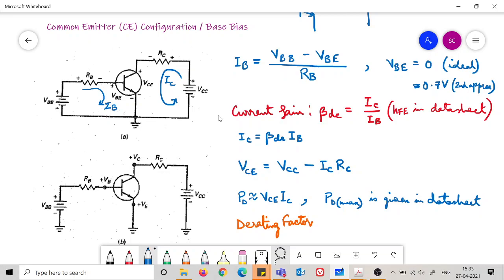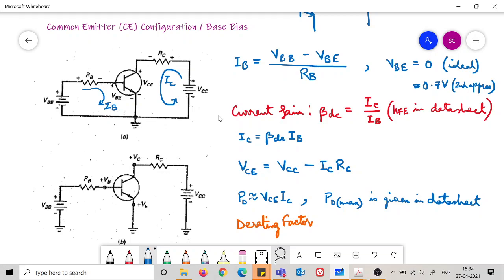So when you know this beta, which will be given to you, then you can calculate the IC straight away as beta into IB. When you get the IC, then you can calculate VCE, because VCE will be VCC minus RC IC.